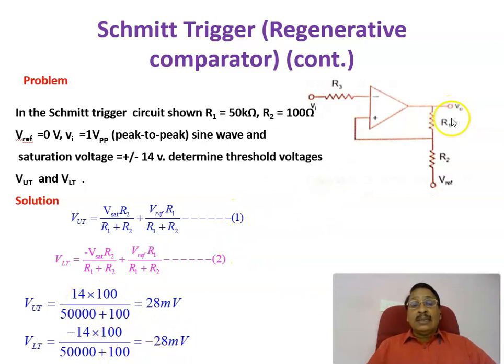Substituting the values of R1 and R2, you will get 28 millivolt as the upper threshold voltage. The lower threshold voltage will be minus of VUT, because you are grounding this point, V reference is kept 0. Therefore, the upper threshold voltage is 28 millivolt, and substituting V reference equal to 0, the lower threshold voltage equals minus 28 millivolt.